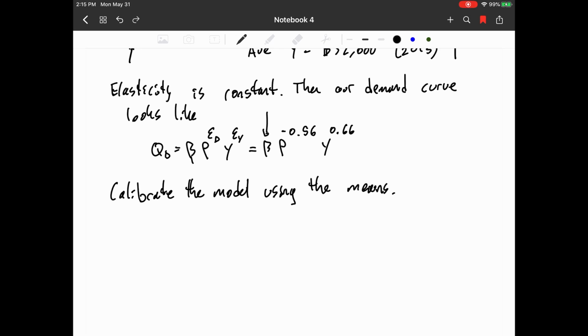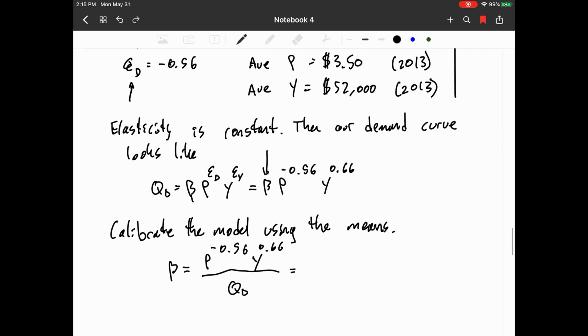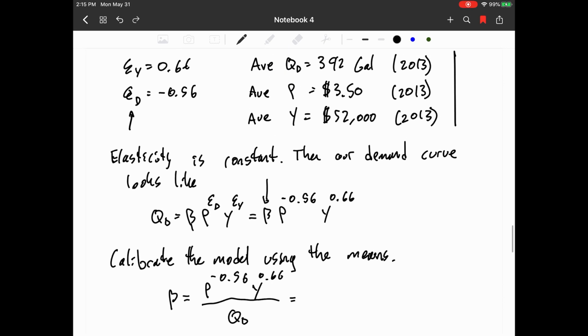To write this out, all we have to do is rearrange our demand equation to isolate beta. So we have P raised to its power, Y raised to its power, over QD. And then we're just going to plug in our average values that we've been given.